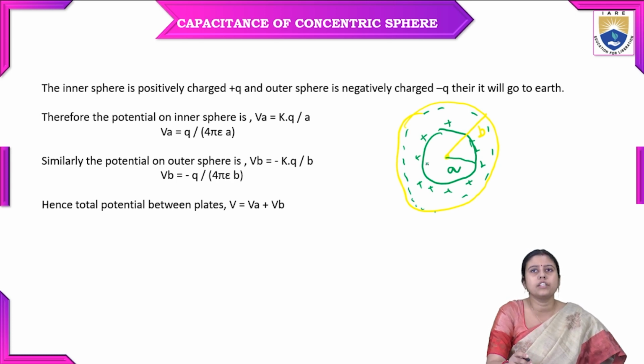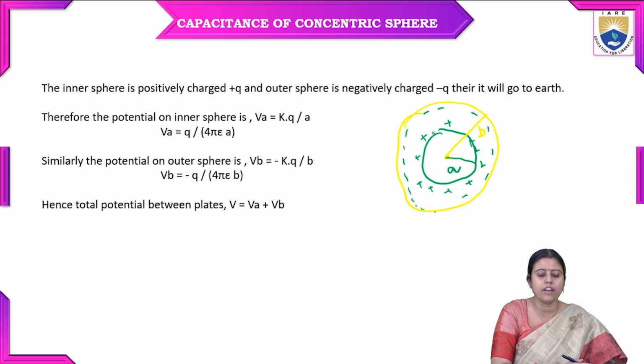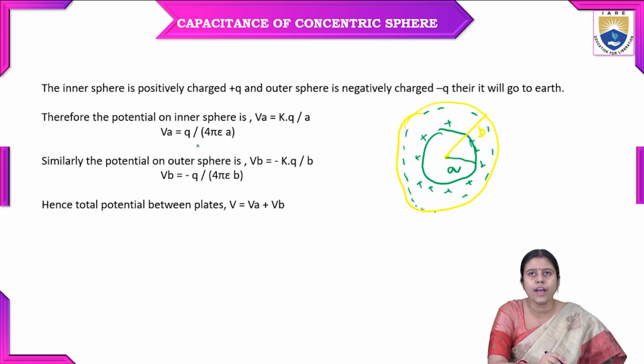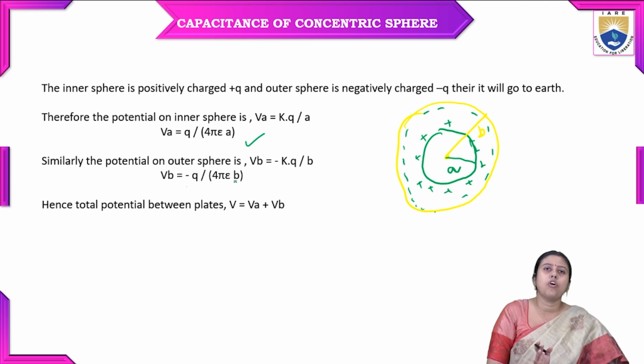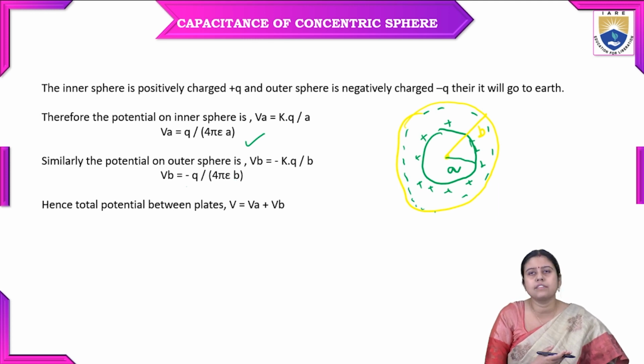So what is the potential for the inner sphere? Just as we calculated before, q by 4 pi epsilon A. What is VB? VB is for the negative q, so minus q by 4 pi epsilon into B. In my previous lecture we have already done the voltage calculation.